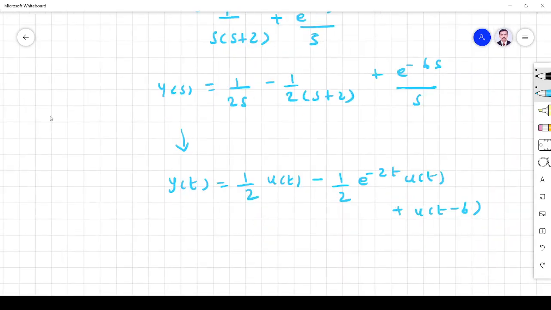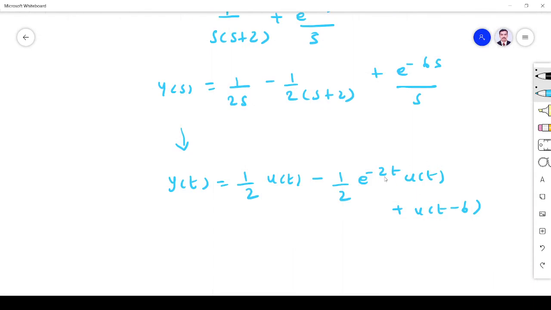So this is the property I used here: x of t minus T has Laplace transform X of s e power minus sT. So instead of T we are having 6, so it will be x of t minus 6. 1 by s is u of t, and u of t minus 6 is the time shifted version.